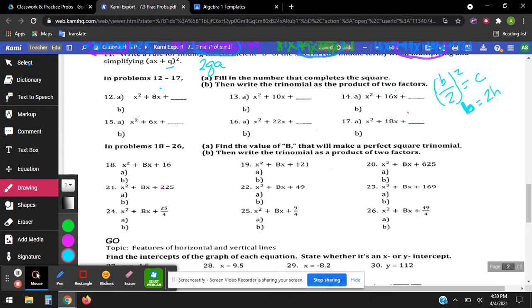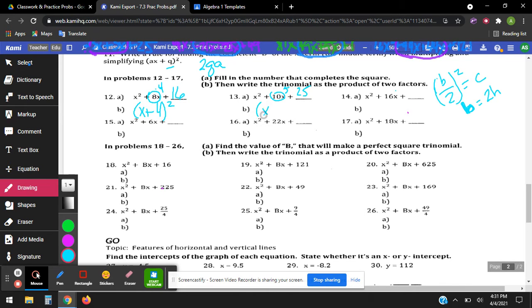So let's go ahead and look at this. 8 divided by 2 is 4, and 4 squared is 16. So that means x plus h, 4 is our h. Okay, so for this one, half of 10 is 5. 5 squared is 25.